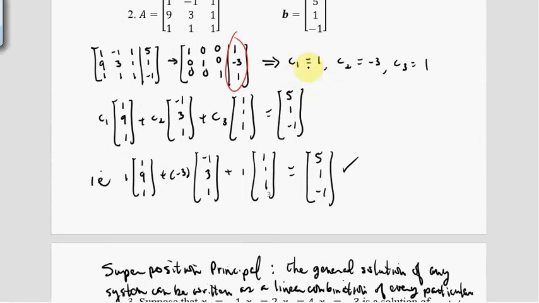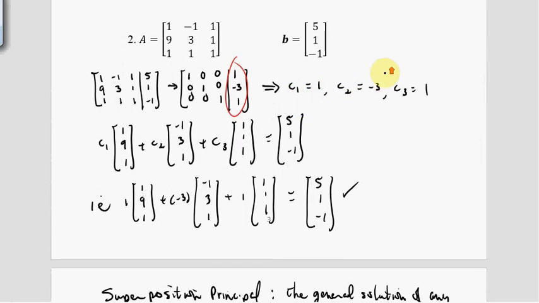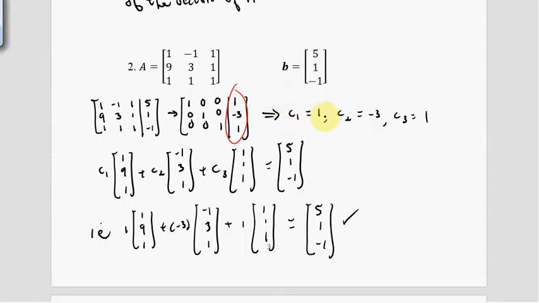We get different values here for C1, C2, and C3. So here C1, C2, and C3 is said to be a particular solution that corresponds to 5, 1, negative 1. But let B be another vector, 8, 6, 12. Then I get different values for C1, C2, C3. How many B values can I have? Infinitely many, right? So the particular solutions can be many.